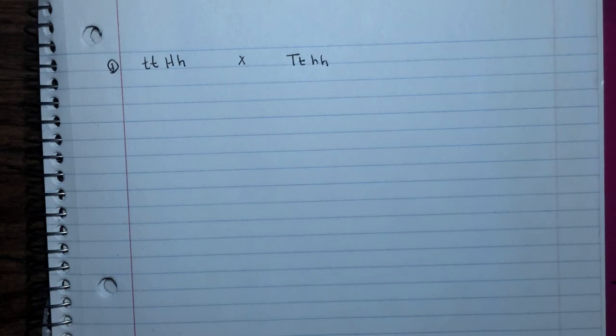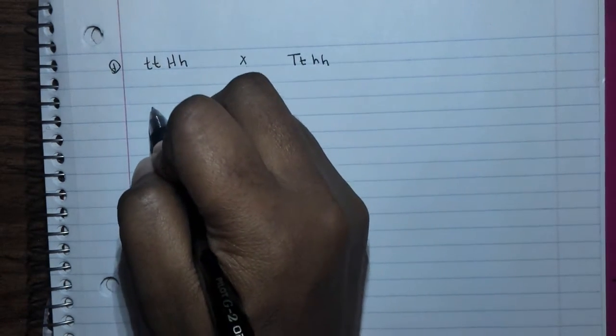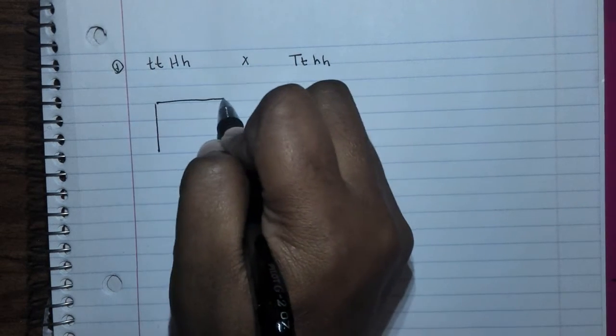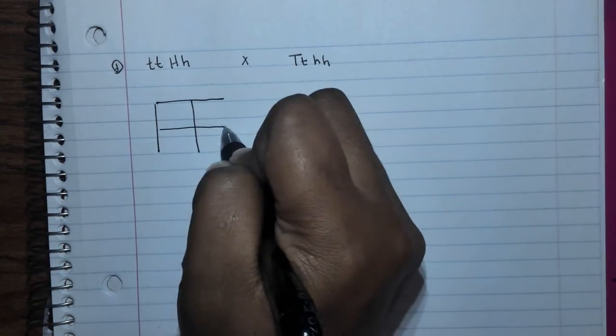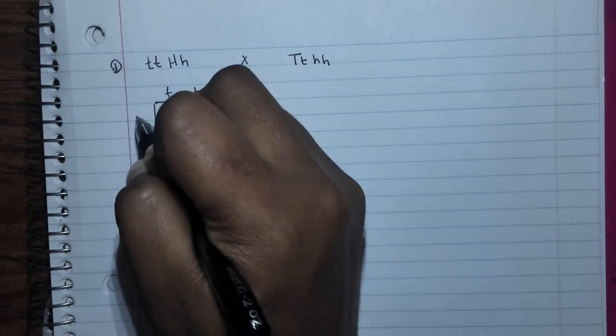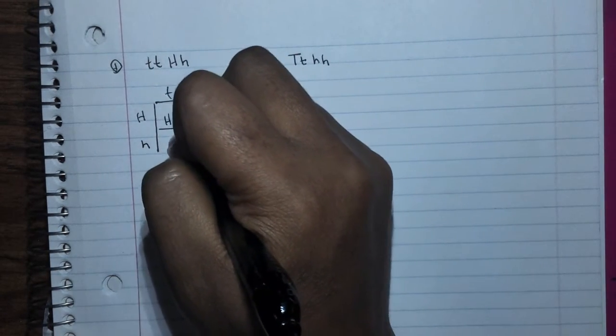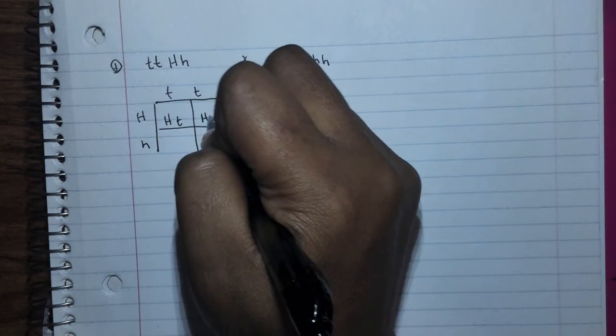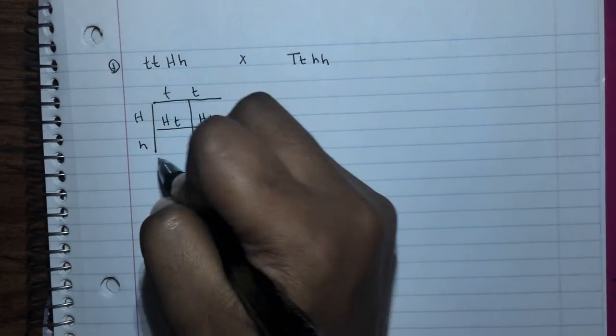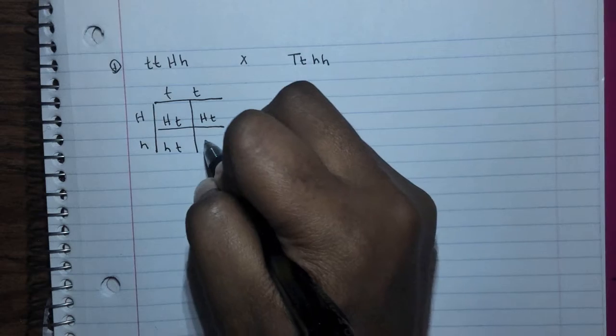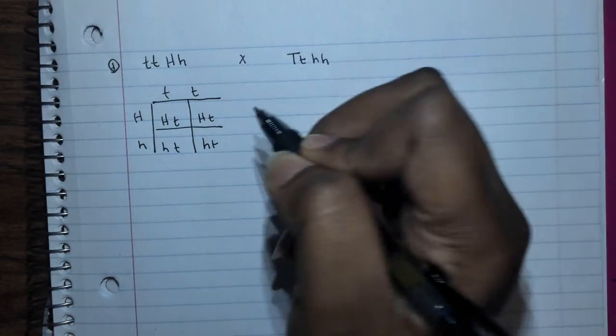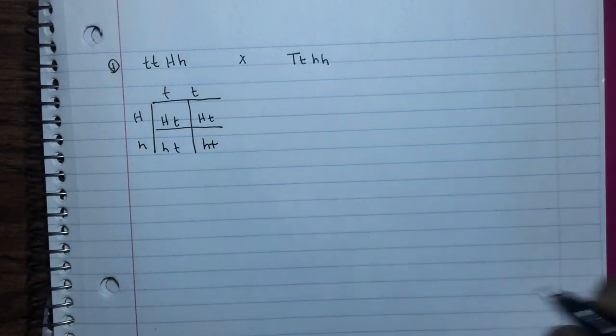So my first step here is that I've got to figure out what's in her egg cells, and so I would just put her genotype here into a Punnett square. It doesn't really matter what letter goes first, just be consistent. So I'll just put the H's first.